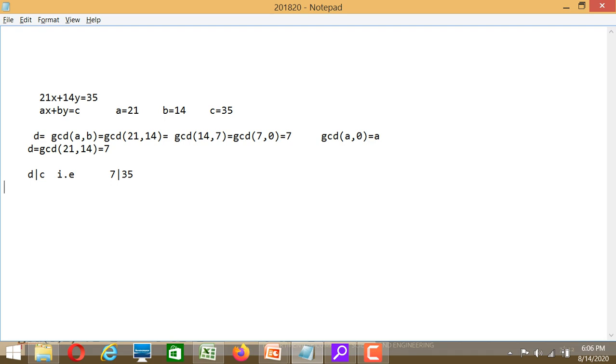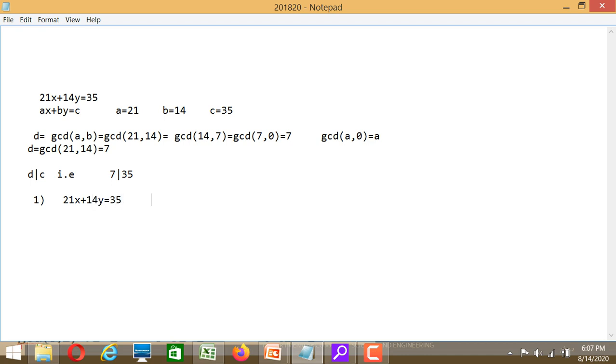Now first of all, find the particular solution for this one. In the first step to get the particular solution, divide the given equation both sides by the d value, that is 7. That means 21x plus 14y is equal to 35.